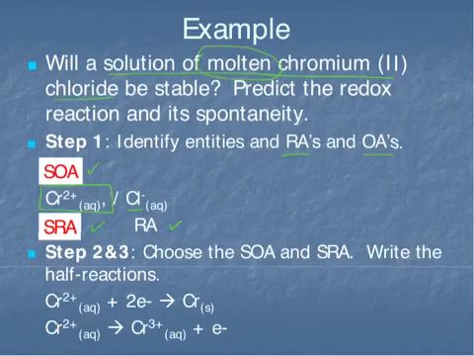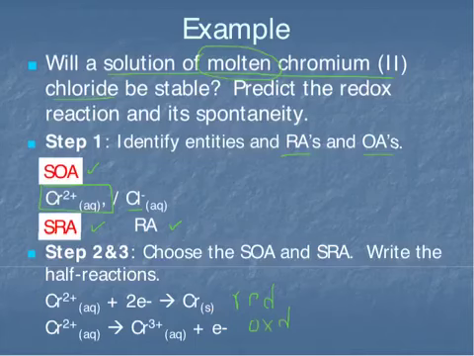Now our following step is to write the half reactions. For the reduction reaction, we have chromium 2+ plus 2 electrons to yield solid chromium. For the oxidation reaction, we have chromium 2+ yielding chromium 3+ plus an electron.